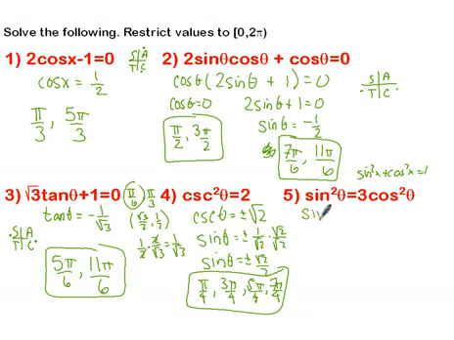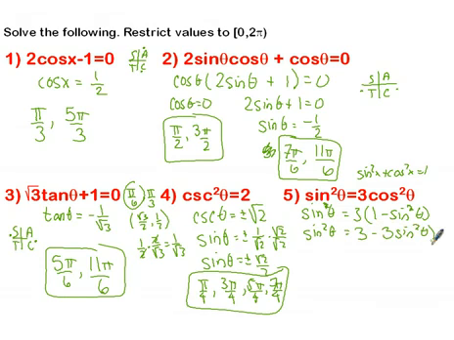So I'm going to rewrite this as sine squared theta is equal to 3 times 1 minus the sine squared theta. And let's distribute that through. So we get sine squared theta is equal to 3 minus 3 sine squared theta.